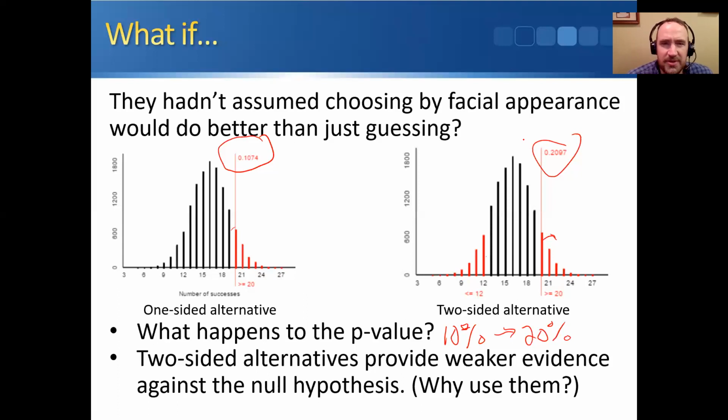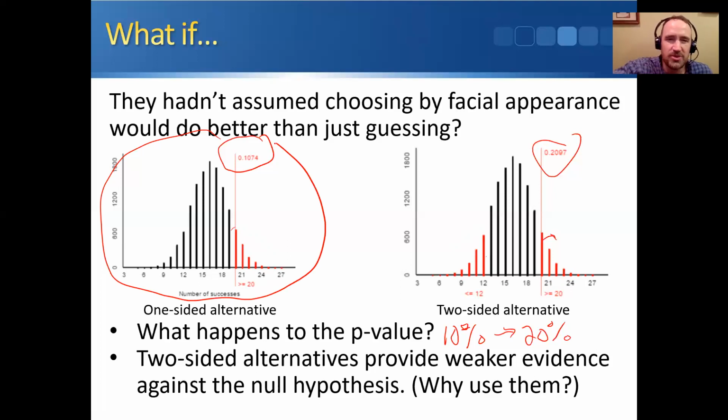Why would anybody ever use a two-sided test then? In fact, researchers use the two-sided alternative a lot. In fact, it's supposed to be the one you use by default. Why is that? It's because the one-sided test is embedding an assumption.